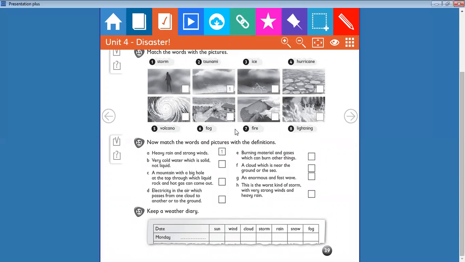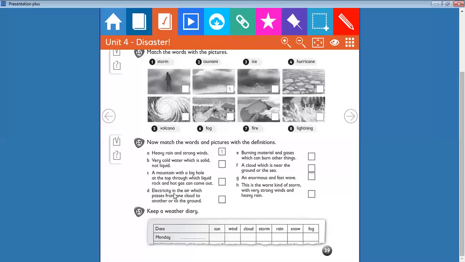They are talking about ice. Ice, number 3. So we are going to put number 3 in this square. A mountain with a big hole at the top through which liquid rock and hot gas can come out. So of course they are talking about the volcano. Number 5. So you write number 5 in this square here.